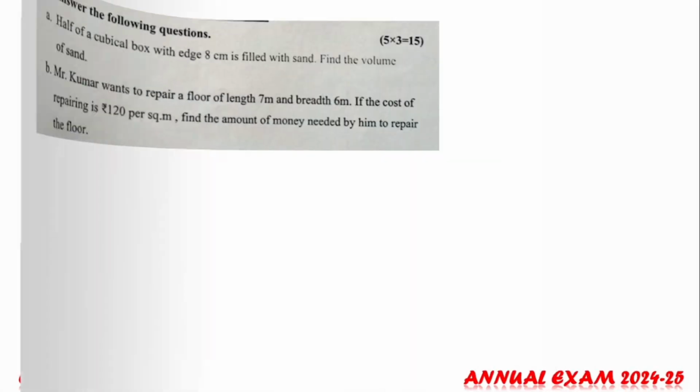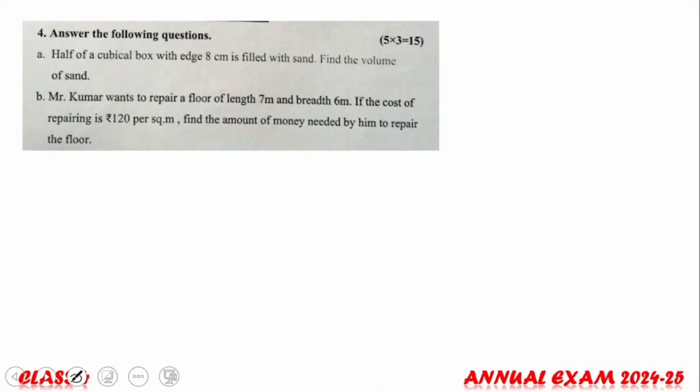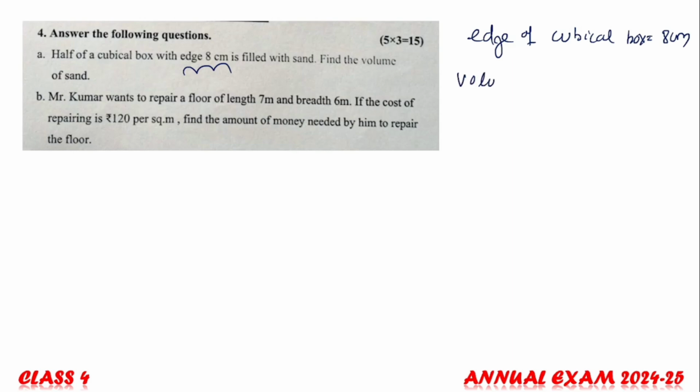Next, answer the following question. Half of the cubical box with edge 8 centimeter is filled with sand. So the edge is given. So write down: edge of cubical box equal to 8 centimeter. Now half of the cubical box is filled with sand, means the volume of sand equals half of the total.